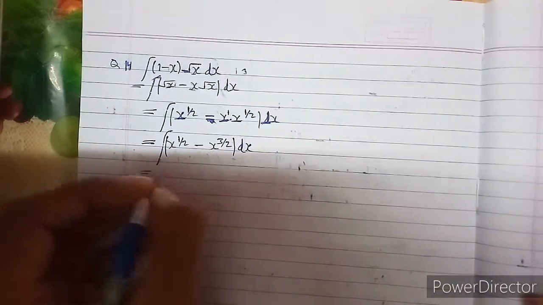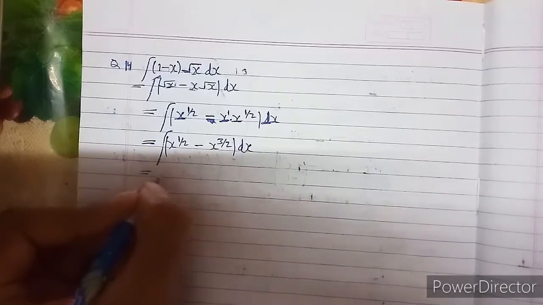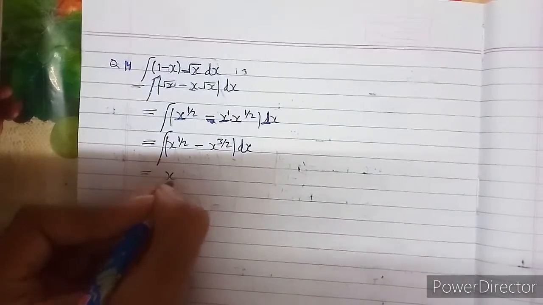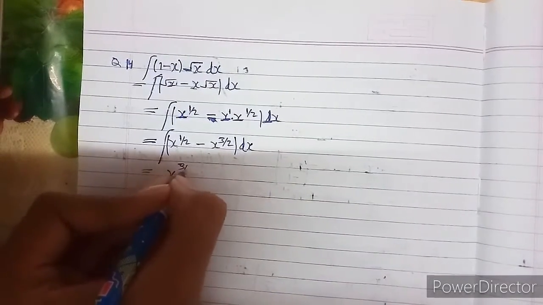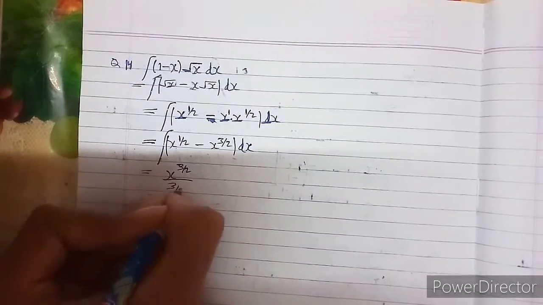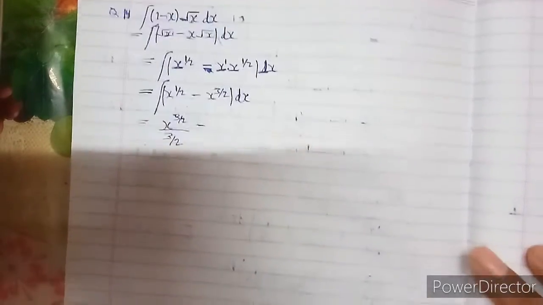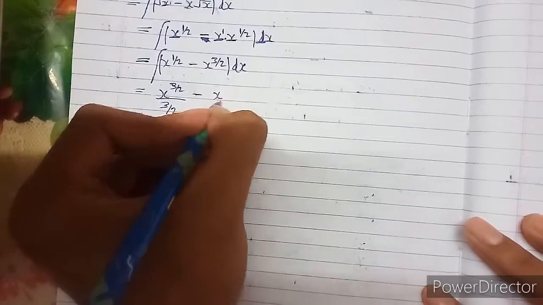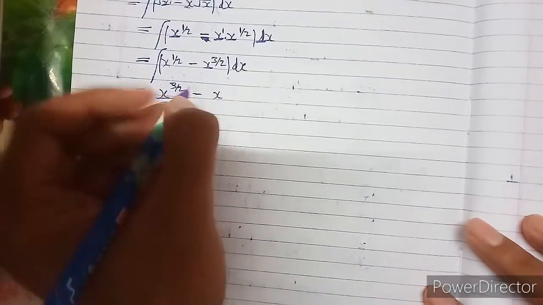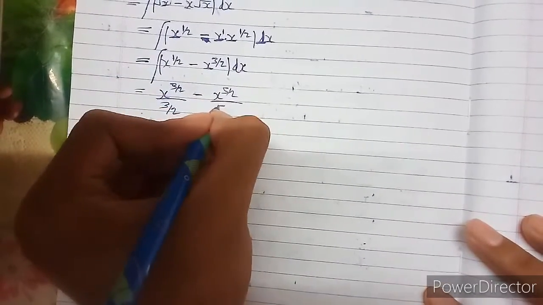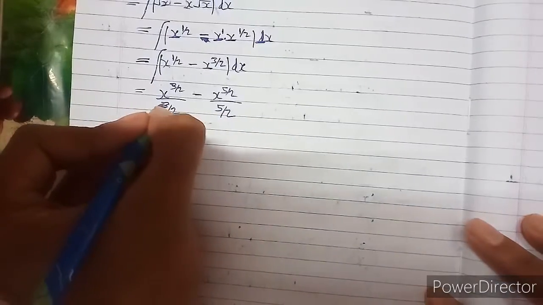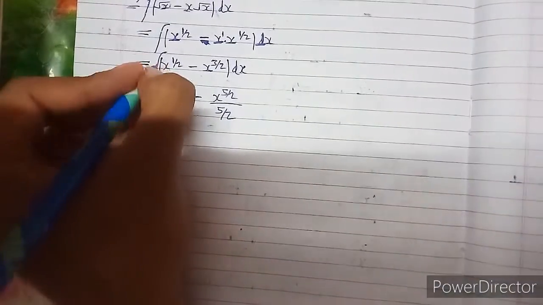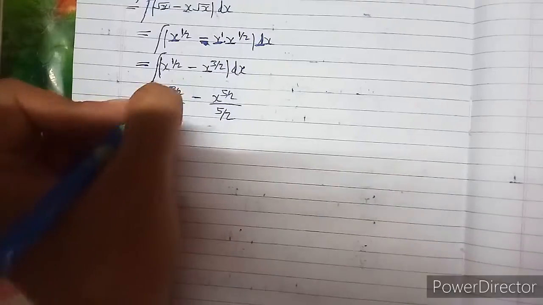Now you can do the integration very easily. Integration of x to the power 1 by 2 is x to the power 3 by 2 divided by 3 by 2, minus integration of x to the power 3 by 2, which is x to the power 5 by 2 divided by 5 by 2. See, I am doing it directly because I know these concepts.